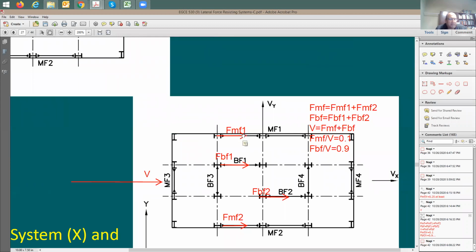The force here, maybe 5 kips, is going to be 45, 45, and then again 5, a total of 100. I'm going to ask you, what is the design force for this moment frame?